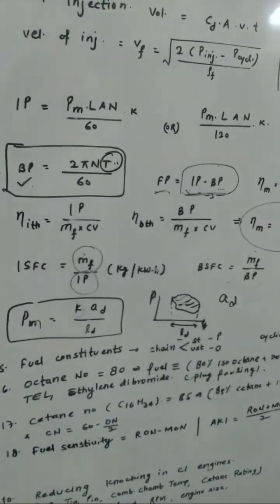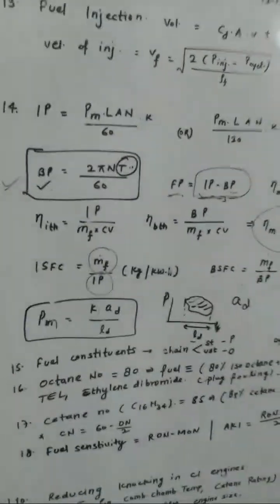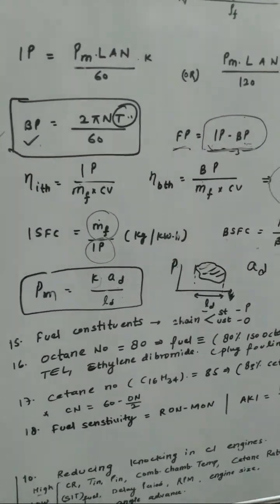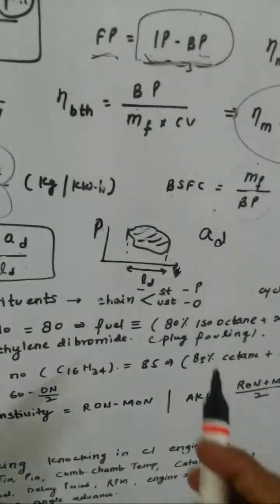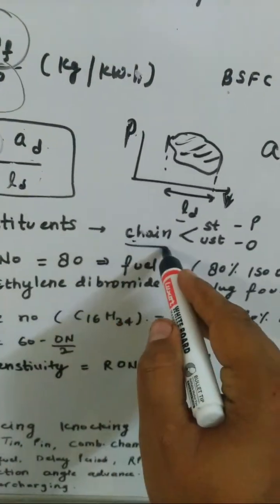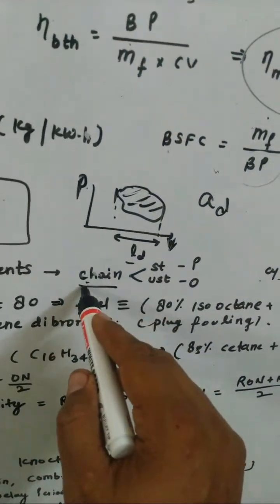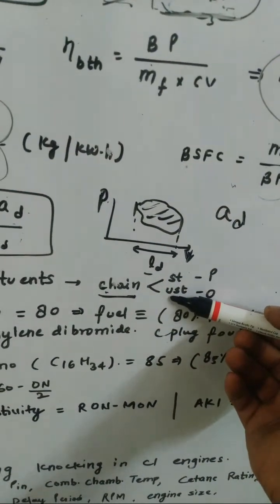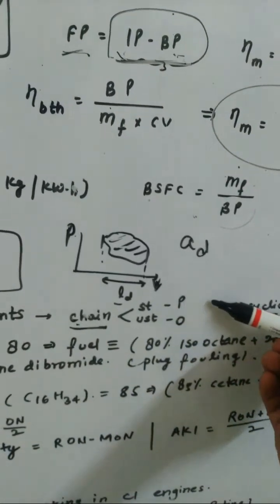Okay. Now, next is the fuel constituents. Whatever fuel we are using, be it diesel or petrol, these fuels are hydrocarbons, either in the form of a straight chain or in the form of a cycle. If the fuel is in straight chain form, that chain might be saturated or unsaturated. If that chain is saturated, these fuels are paraffins.